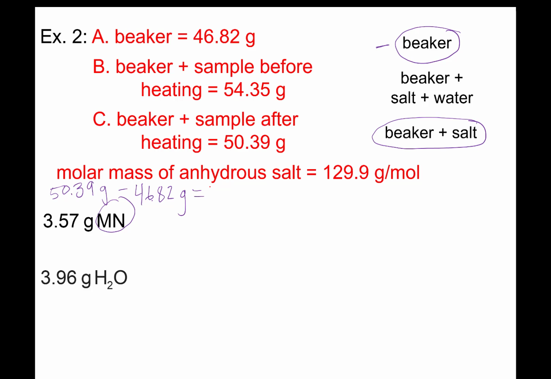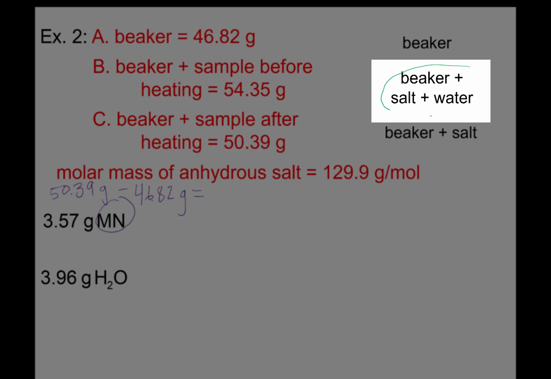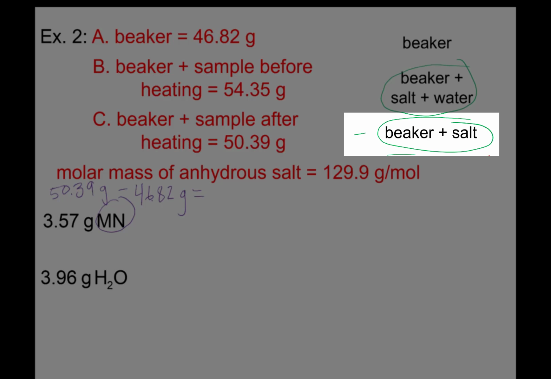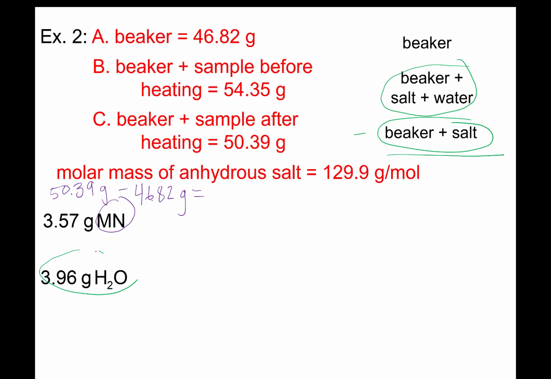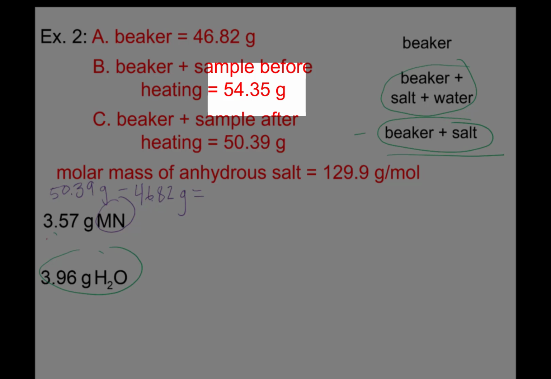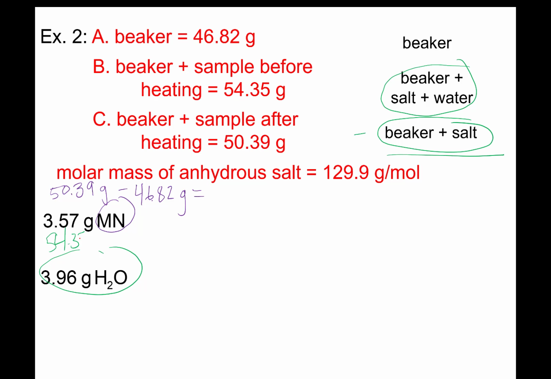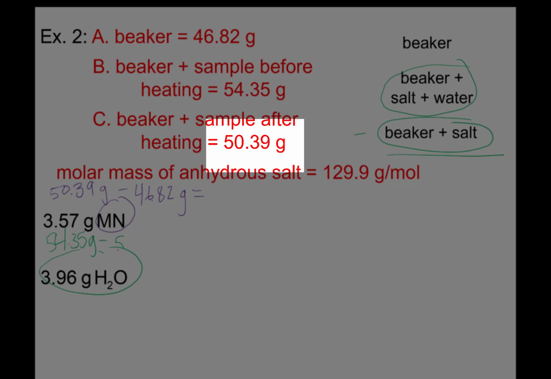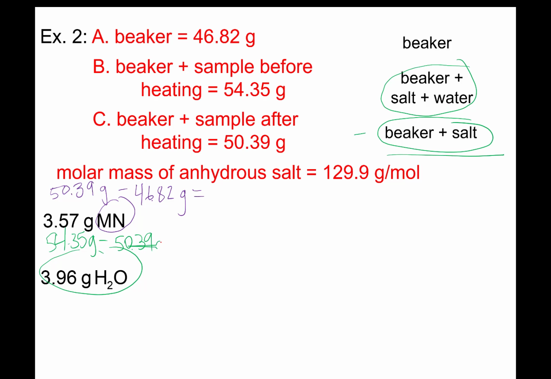How much water did we have? Well, if we take the beaker, salt, and water and we subtract the beaker and salt, what we're left with is just the water, 3.96 grams. So 54.35 grams minus 50.39 grams leaves us with 3.96 grams of water.